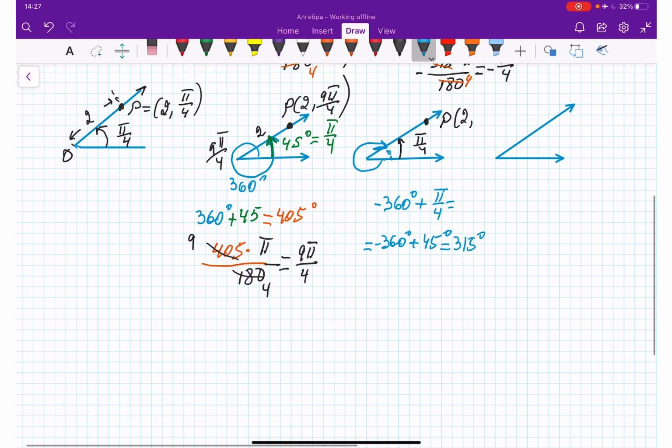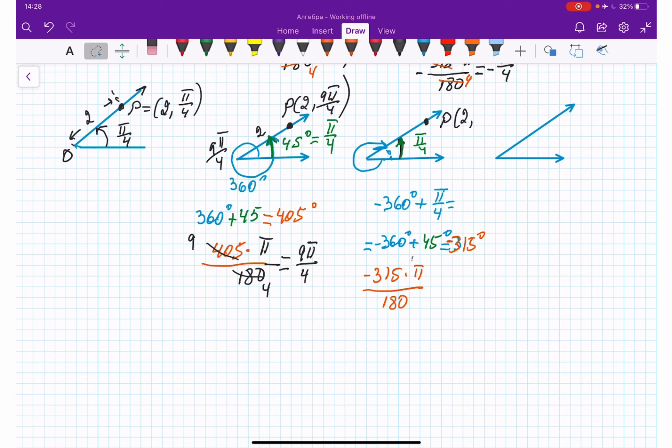Let's convert into radians. Negative 315 times pi divided by 180 degrees.